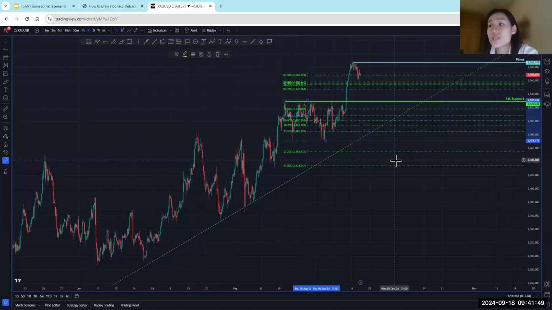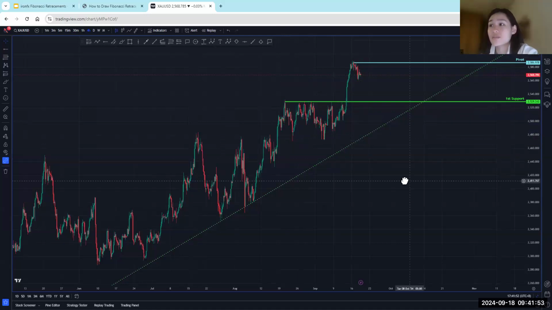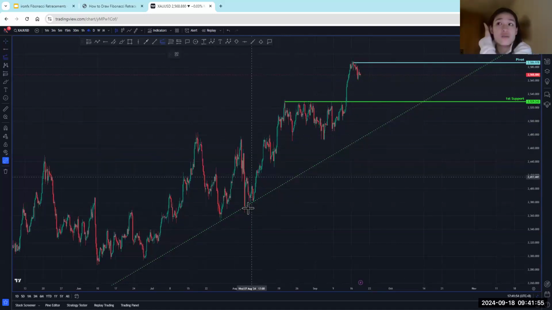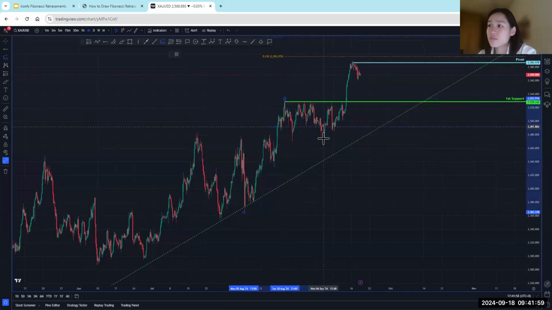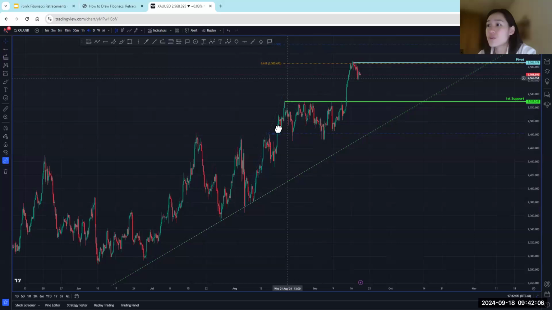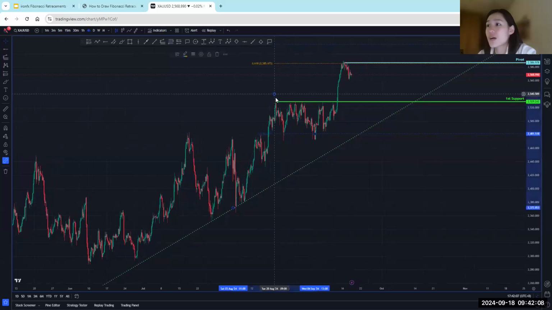None of these levels are valid because price has already broken out of all of them. So if I go in with my projection, you can see my 61.8 lines up with my pivot.